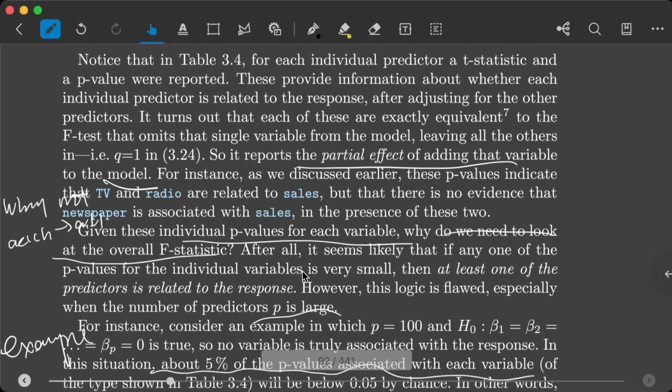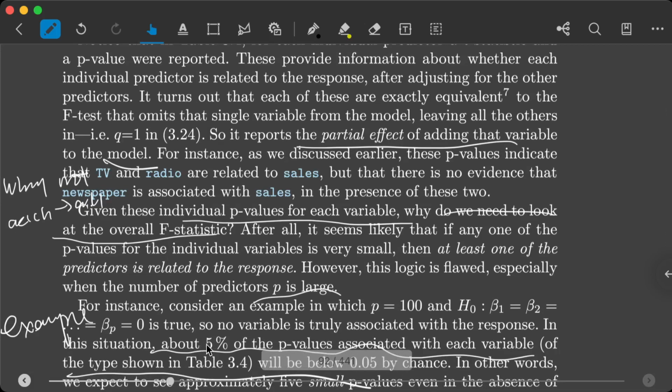To explain this, we need to recall the concept of the significance level, which is 5%: the probability that this variable is not connected to y is lower than 5%.